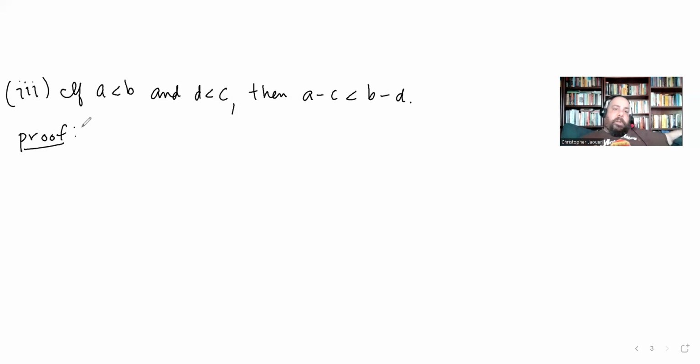So again, this will be a direct proof. Let A less than B and D less than C. Then minus C less than minus D by part two.